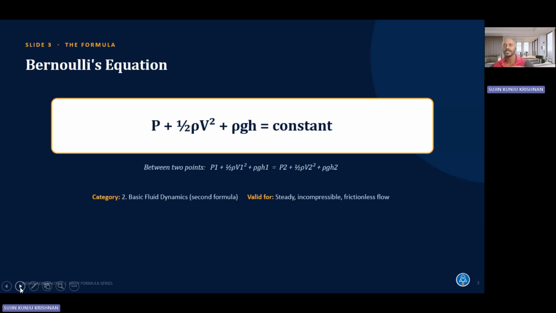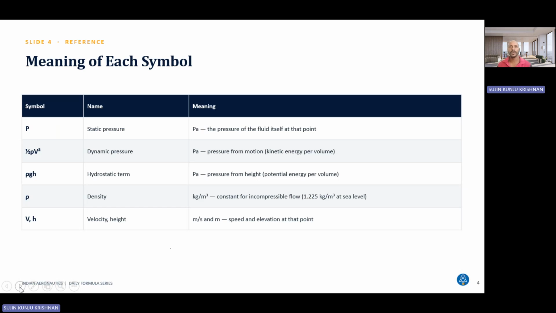P is the static pressure, the ordinary pressure of the fluid itself. 1/2 rho V squared is the dynamic pressure, pressure that comes from the fluid's motion. Essentially, it's kinetic energy packed into each cubic meter. And rho gh is the hydrostatic term, pressure from height, exactly like water pressure increasing with depth.